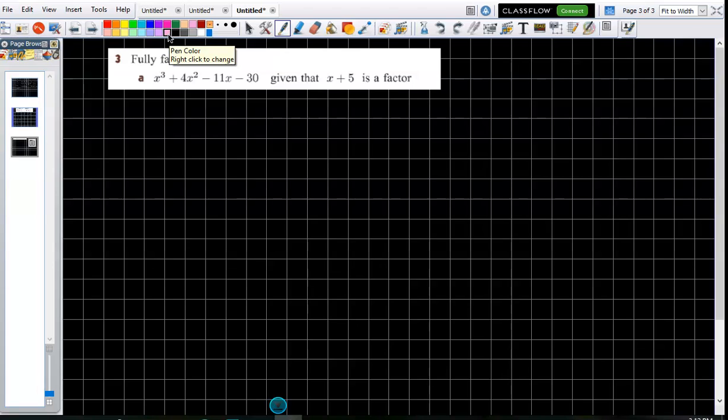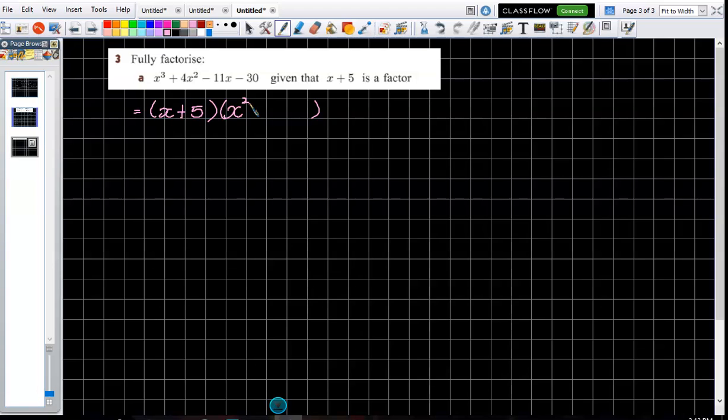The first thing, if it's a factor, what they're saying is this means it's going to be x plus 5 as a factor. And then you're going to do, x times what gives me x cubed? X squared. Alex, I look up, you're not looking at the board when I'm pointing to it. That's making me angry.